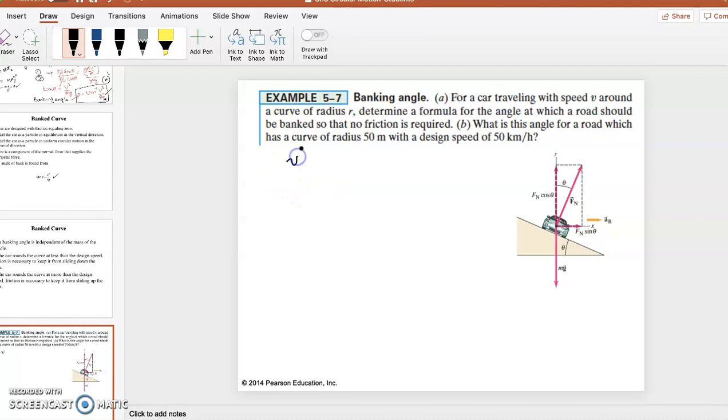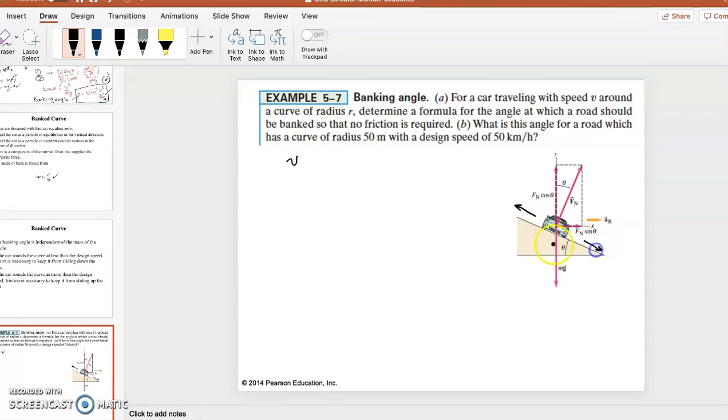Okay. It looks like we have an inclined plane, right? But there's a huge difference. This is the cross section of a circular motion. The car is coming towards you, or for that matter, it's going away from you. But the car is not moving on this or there.